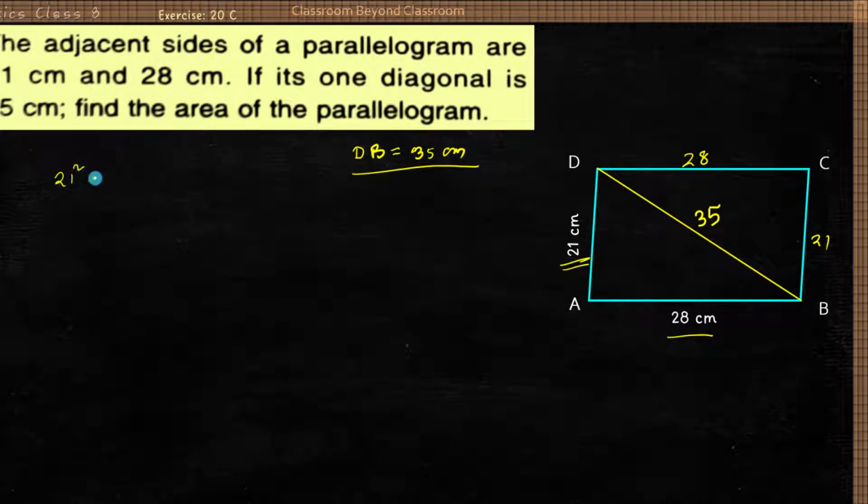21 squared plus 28 squared is equal to 441 plus 784. This is equal to 1225 and this is equal to 35 square.